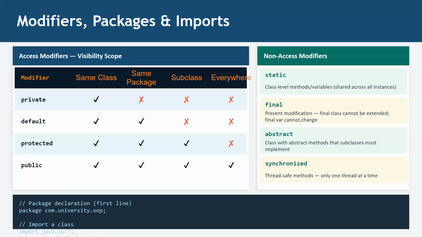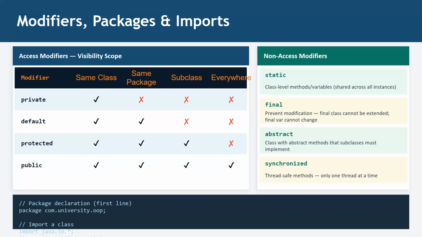Then we have the final, which are modifiers that are used to prevent modifications. Once it is written final, it means that the class cannot be extended. If you have used final within the class, it means that the class cannot be extended.